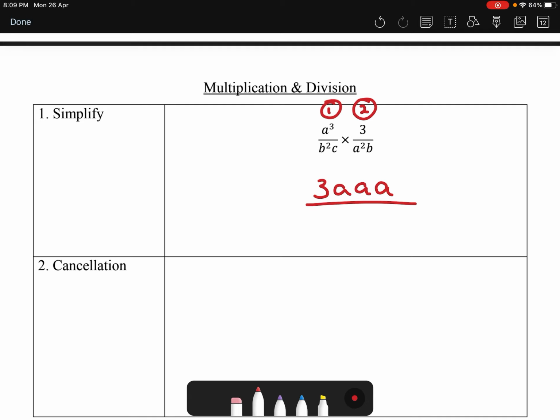If you take a look, b squared times b is b cubed, then a squared, and last but not least, c. Of course this is not the final form, because I want to show you how to cancel.